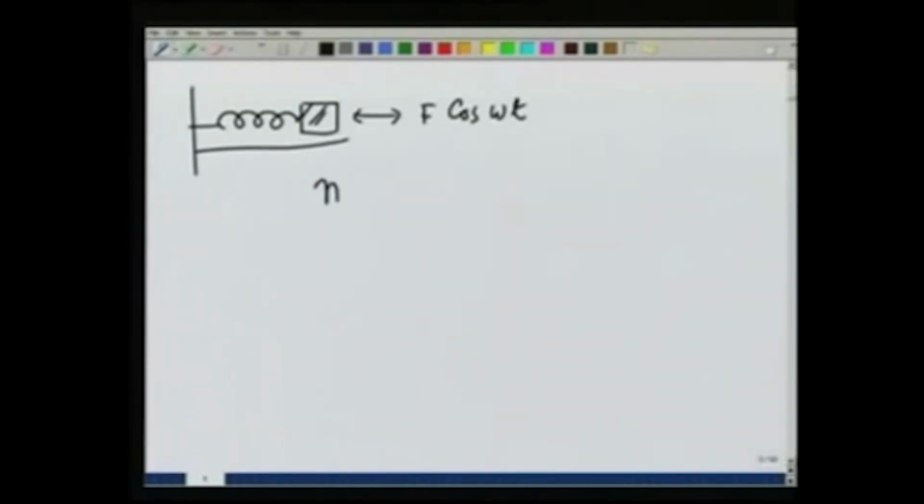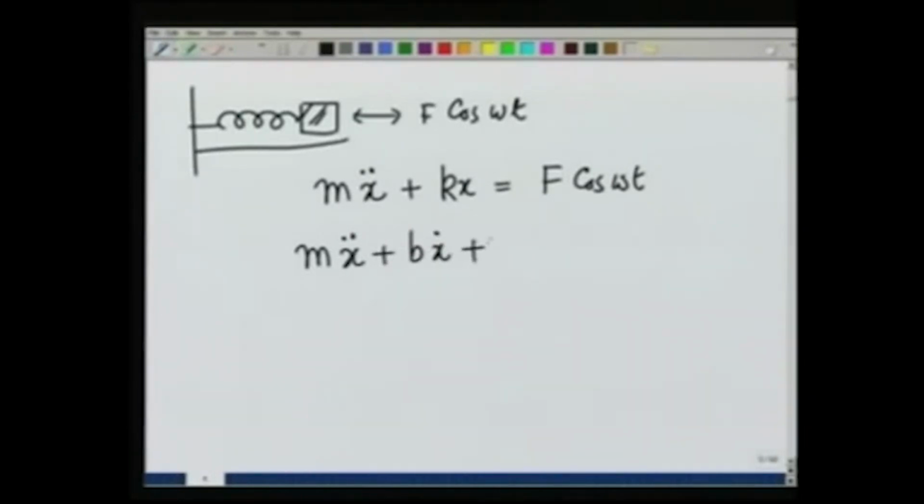The equation of motion of this system is going to be m x double dot plus kx is equal to f cosine of omega t. If it is a damped oscillator, then the equation is going to be m x double dot plus b x dot plus kx is equal to f cosine of omega t.